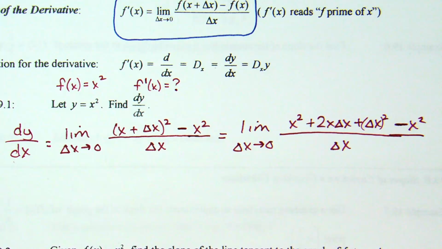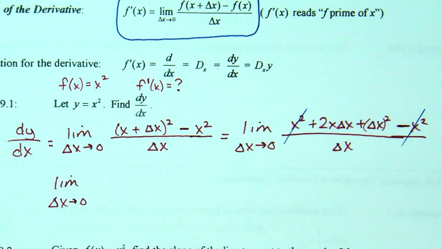Okay, do you see what can happen next? First of all, the x squareds cancel. X squared minus x squared is gone. What do you notice about what remains on top? Yeah, both terms on top have a factor of delta x.